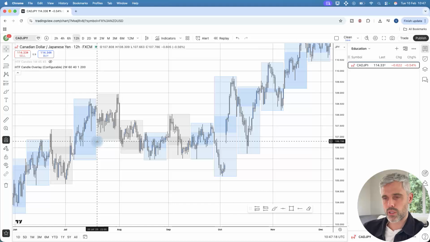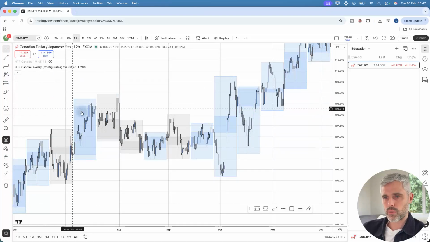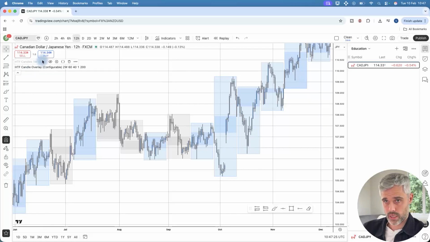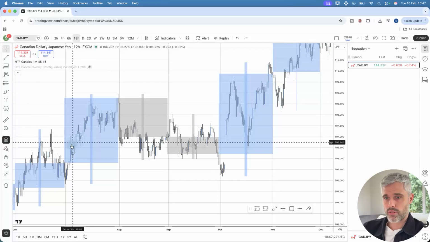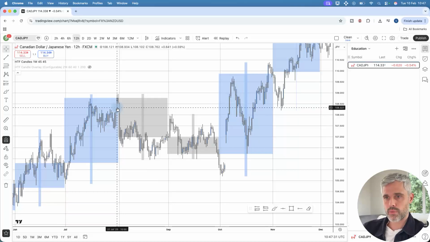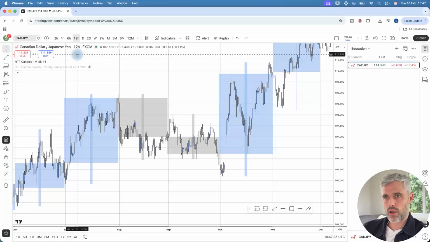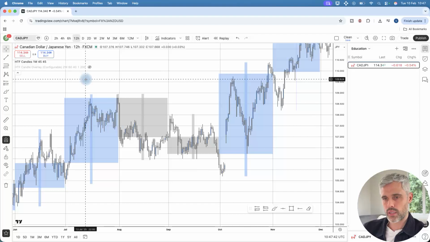The first thing I want to show you is this expansion. What we covered earlier in the series is the fact that this price range here printed bullish, this monthly candle. If you're just joining, we're looking at 12-hour price action. We're swing trading, so we're looking at monthly, 2-weekly, and weekly trade ideas.